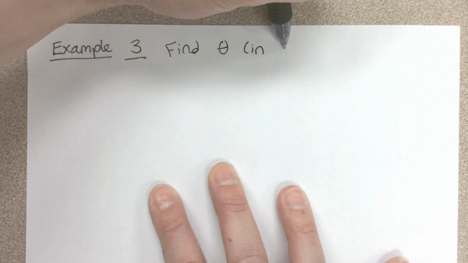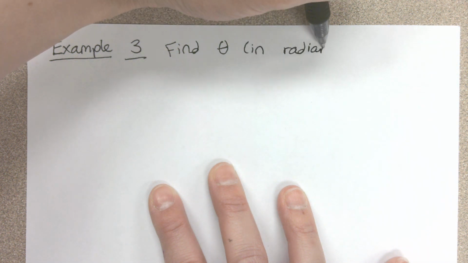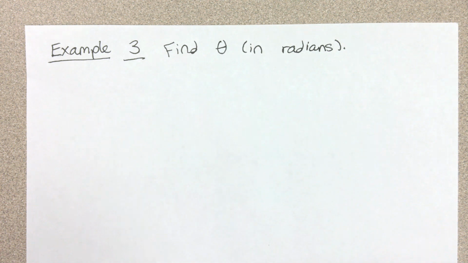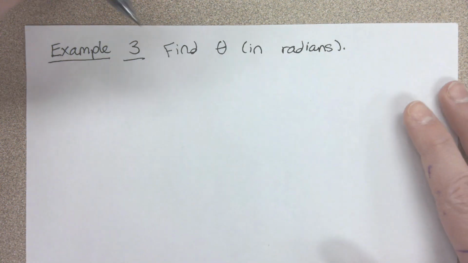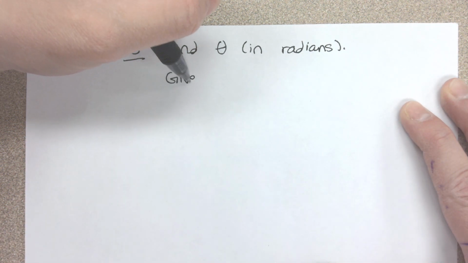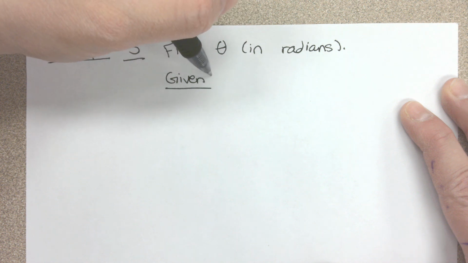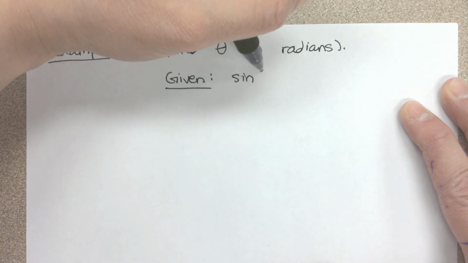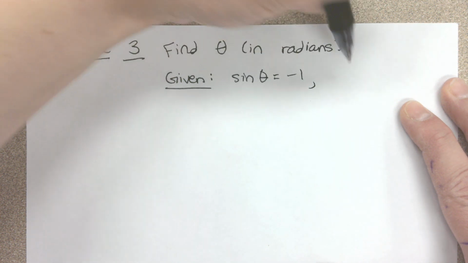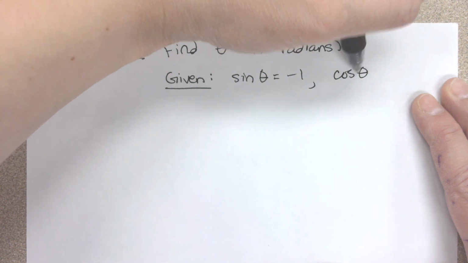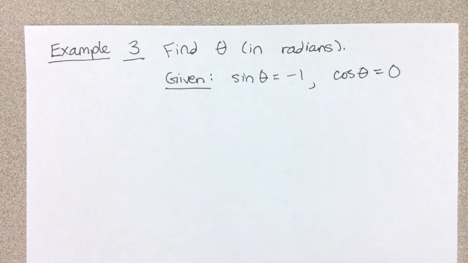We'll do in radians again. And we are given sine of theta is -1. Cosine of theta is 0.